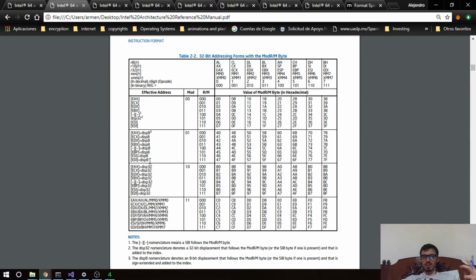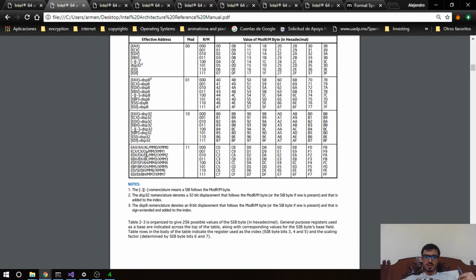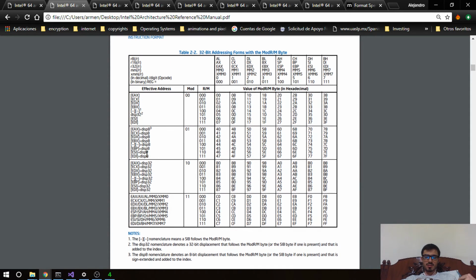That's all you got. In the normal cases we don't have that scale index, you just have EAX and stuff like that. Oh, okay, that makes sense.